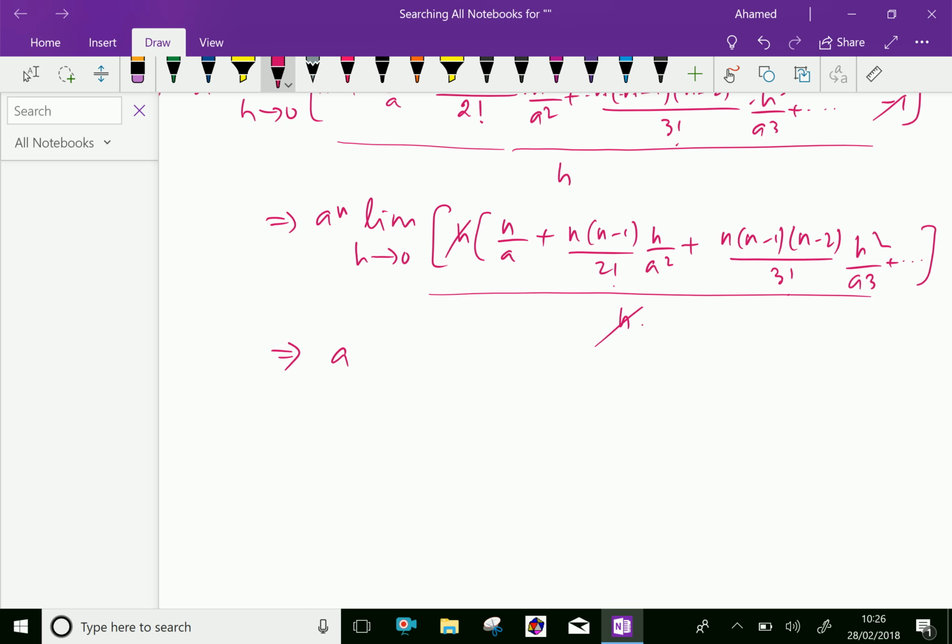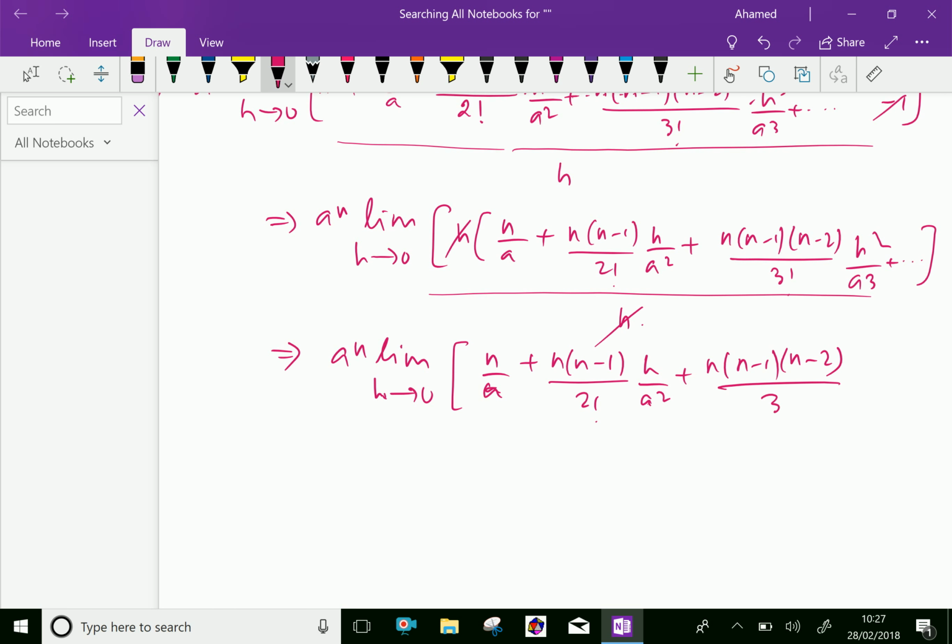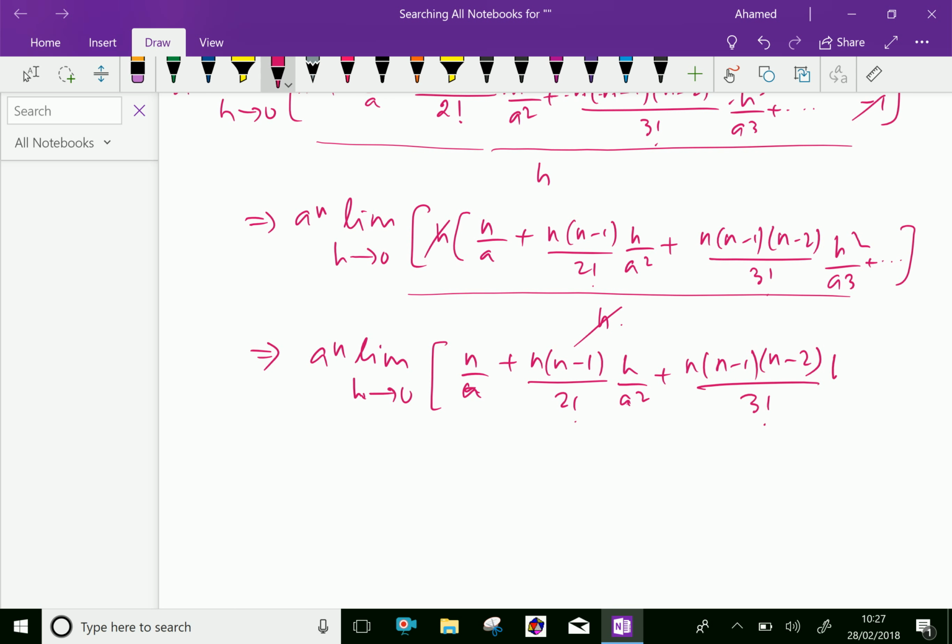Now a^n times the limit as h tends to 0 of n by a plus n(n minus 1) by 2 factorial times h by a squared plus n(n minus 1)(n minus 2) over 3 factorial times h squared by a cubed, and so on.